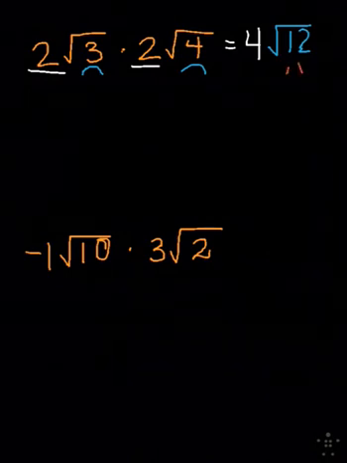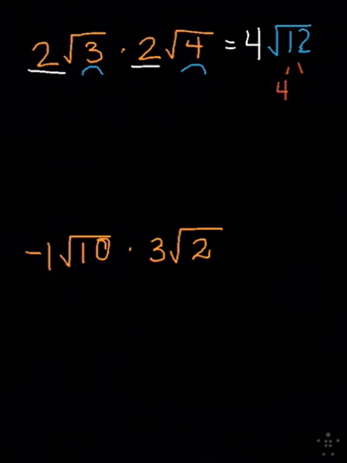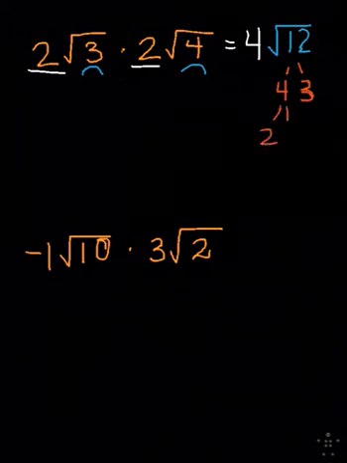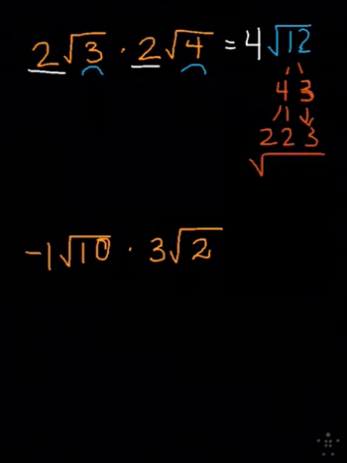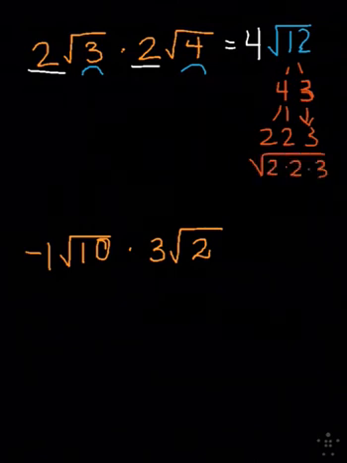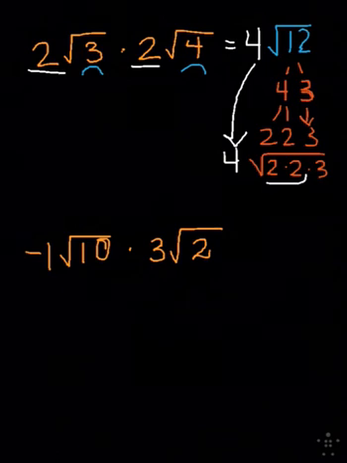12 simplifies down to, you can use 6 times 2 or 4 times 3, your choice. 4 times 3. 4 is 2 times 2. So the square root of 12 is 2 times 2 times 3. Do not forget about that 4 that was in front. And remember, you have a pair.